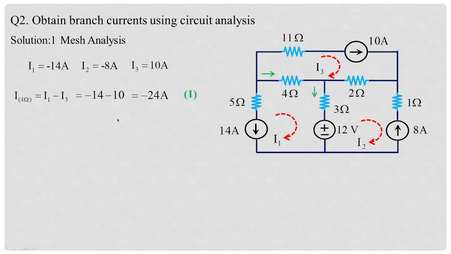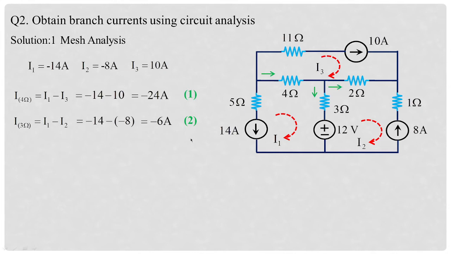Similarly, the branch current flowing in 3 ohms is I1 minus I2. I1 is clockwise and the arrow direction is also according to the selected clockwise direction, so minus 14 minus, here I2 is minus 8, so minus of minus 8 will give the value as minus 6 amperes.